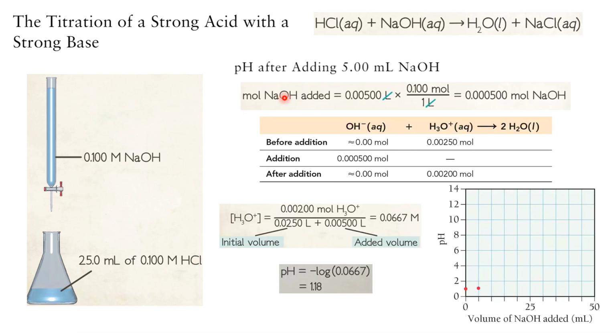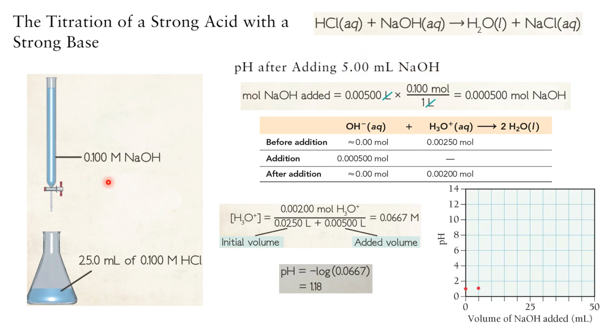All right, now we're adding 5 milliliters of sodium hydroxide. So finally, we're starting to add some base, and particularly 5 milliliters of it. So what's the pH now after we add 5 milliliters of base? Well, the first thing I want to do is figure out how many moles of sodium hydroxide I actually added, right? If I added 5 milliliters, that's great, but how many moles are in 5 milliliters of sodium hydroxide?